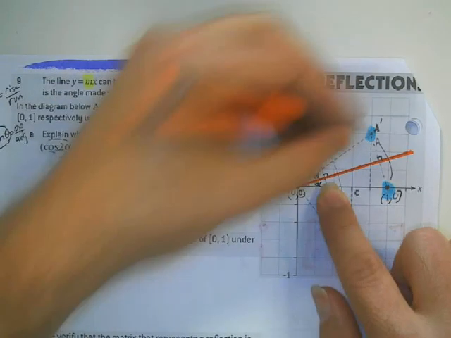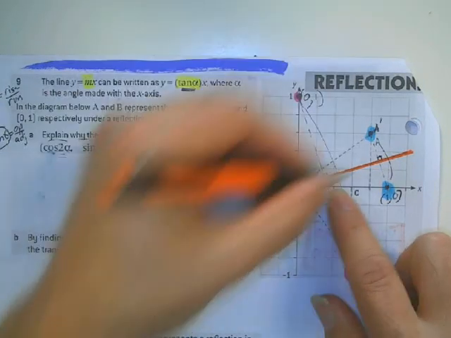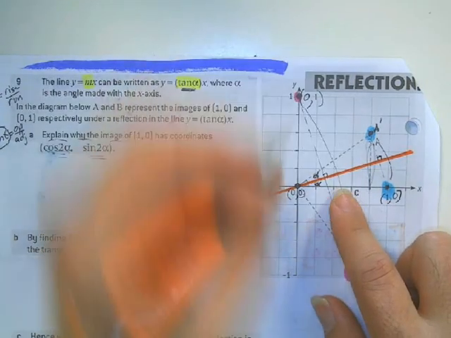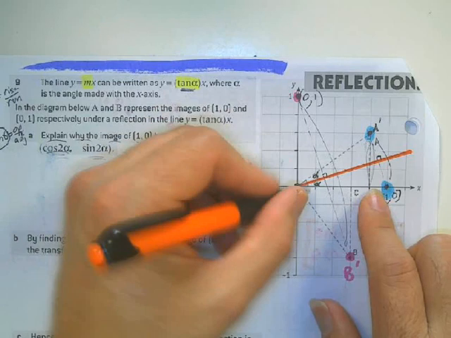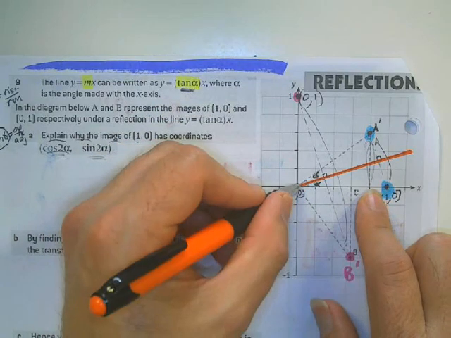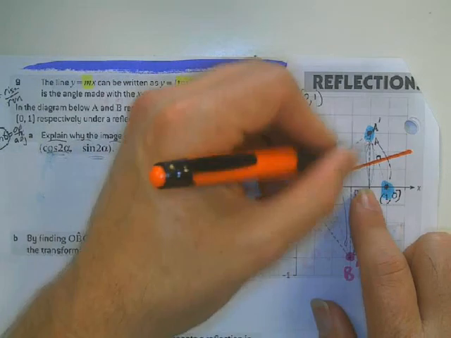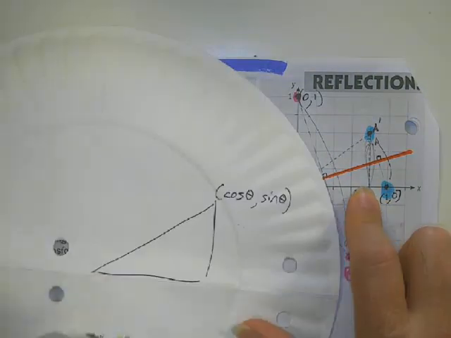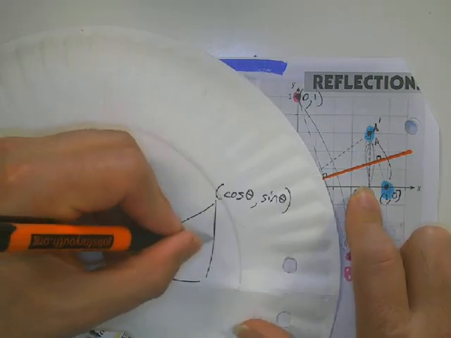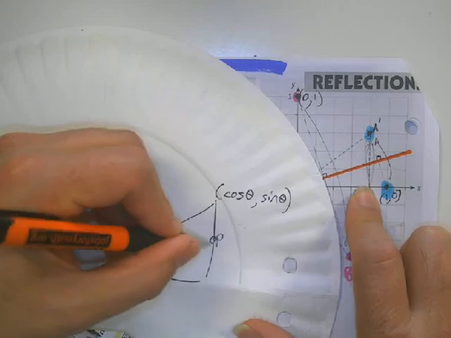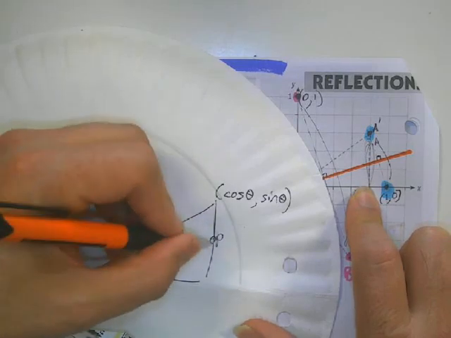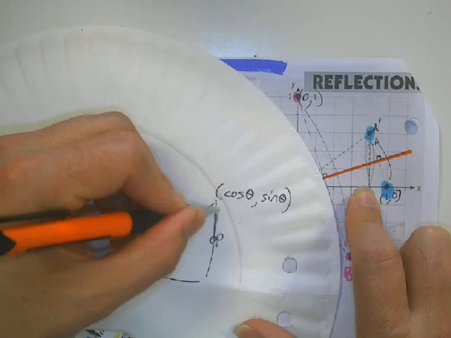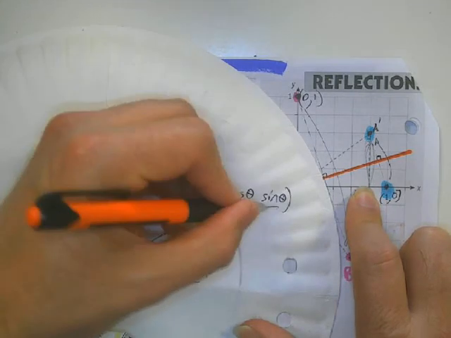So if I'm over here, then the opposite here, and this angle, if I'm dealing with the opposite side, just like we did before, our opposite side is our y value, and our y value is going to be sine theta.